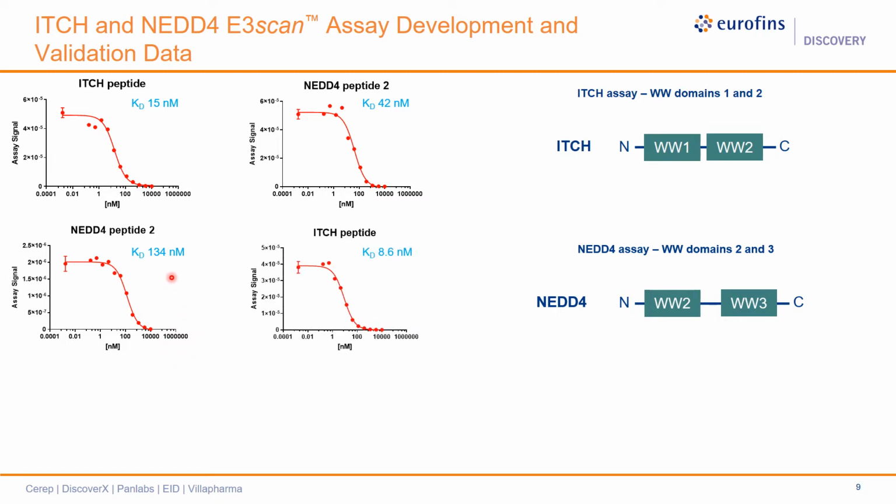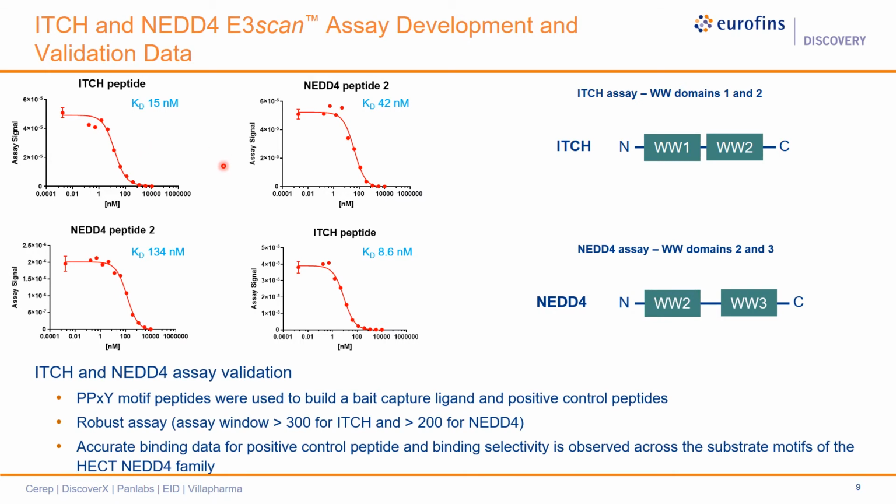As reported in the literature, we observed potent binding of the NEDD4 substrate motif peptide, and also, in this case, binding to the ITCH substrate motif, just like we've seen the opposite for ITCH. For the other substrate motif peptides, we observed weak or no binding for both ITCH and NEDD4, as I will show you shortly. This suggests that ITCH and NEDD4 have substrate selectivity among the PPxY motifs.